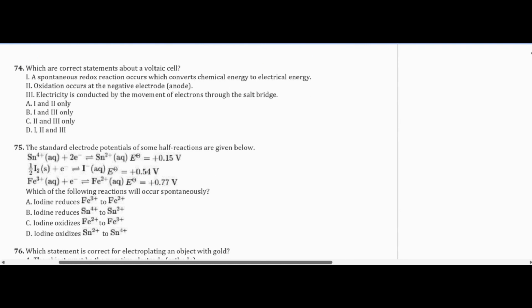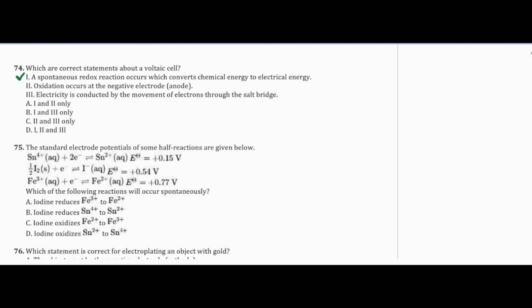Which are correct statements about a voltaic cell? A spontaneous redox reaction occurs, which converts chemical energy to electrical energy. Yeah, that's right. The opposite would be for an electrolytic cell, so it would be non-spontaneous, and it would convert electrical energy into chemical energy.